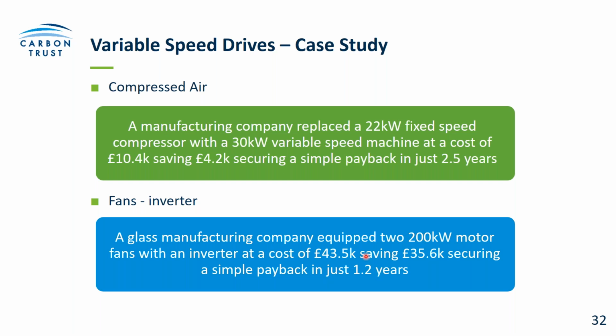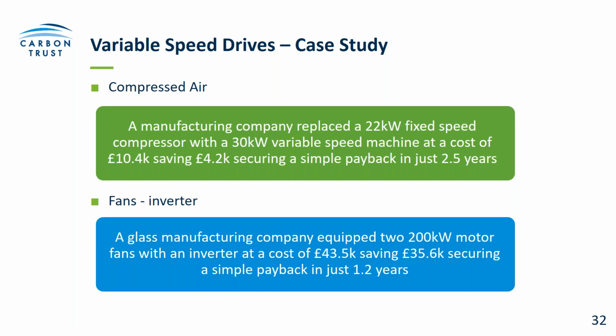So it's an effective change in the way that the compressed air system was set up, and that again would apply where there's a large modulation in demand for compressed air across the working day or across the working week.